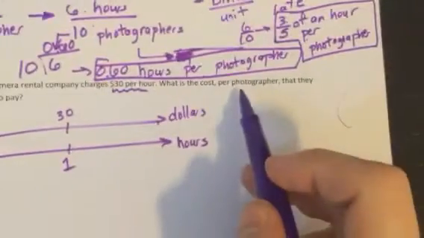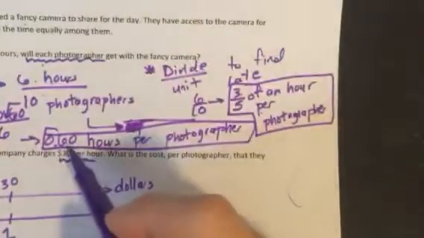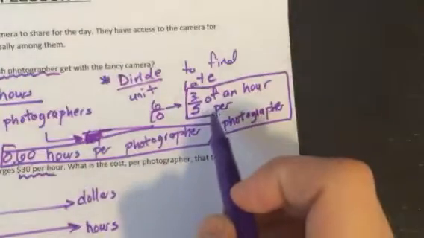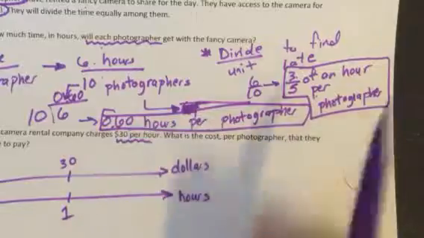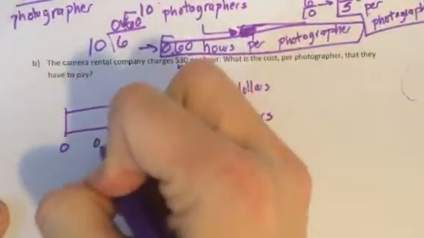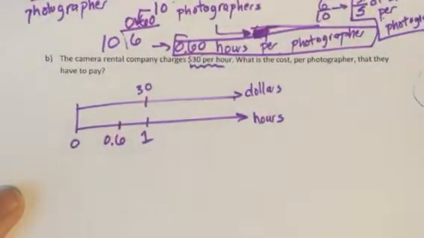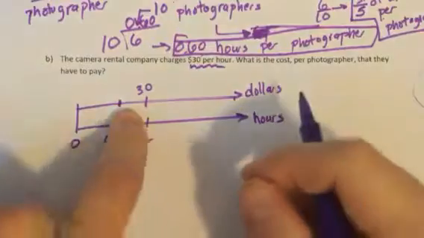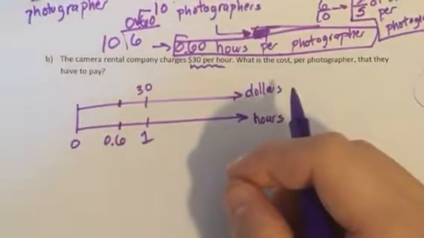But per photographer, each photographer only gets 0.6 hours, or 3/5 of an hour. I'm going to put that here, 0.6. I'm going to put that on my double number line right here, 0.6 hours. I'm trying to find how much dollars they have to pay for that amount of time.